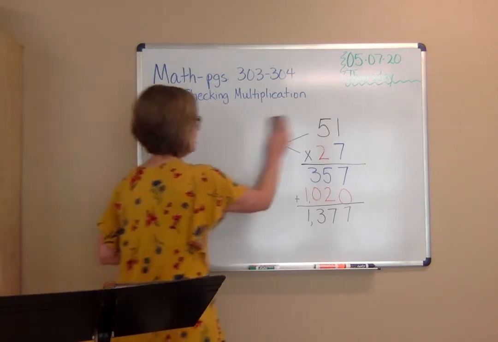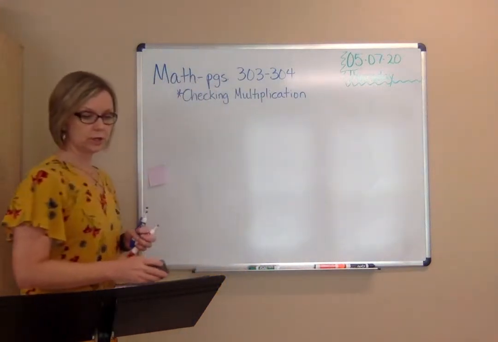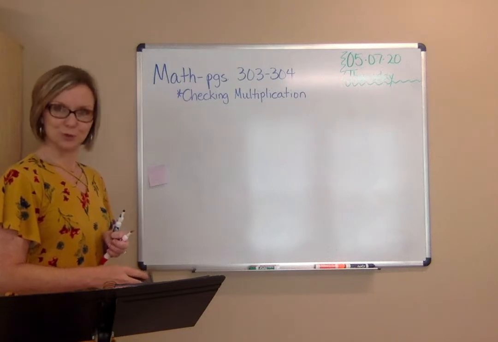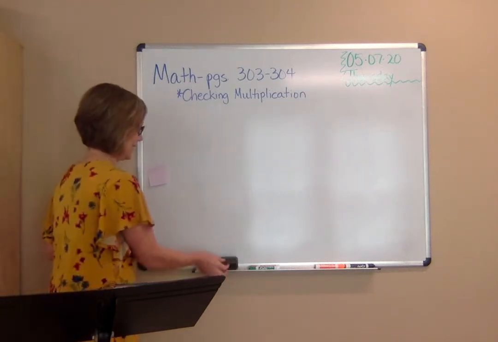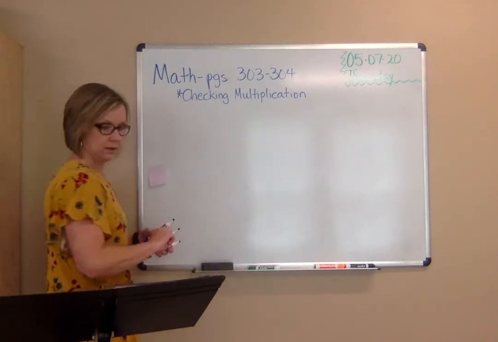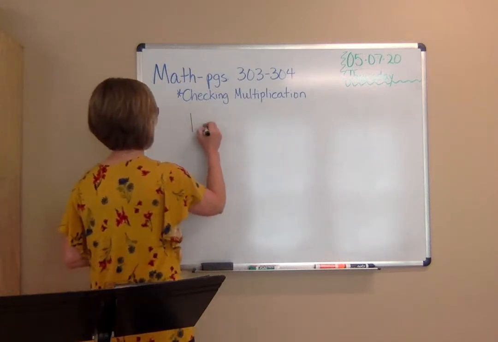For number 1, your instructions say write the products, check your work. You're going to do each problem twice. Yes. All right, not bad. Here we go. You have 73 times 42. 1A.